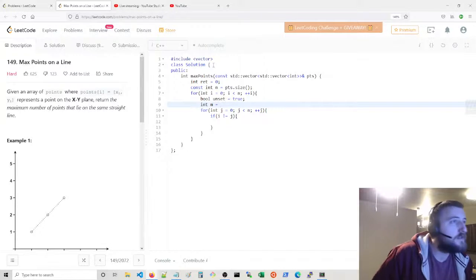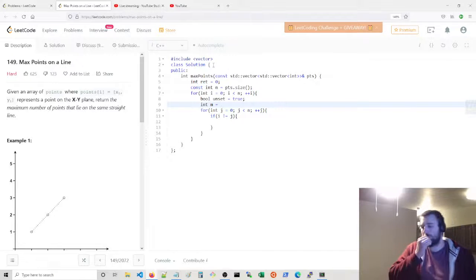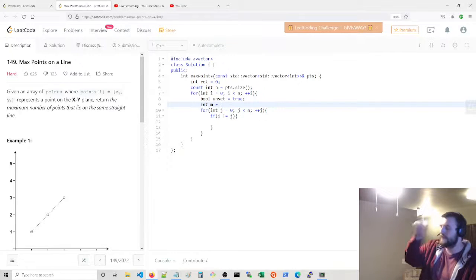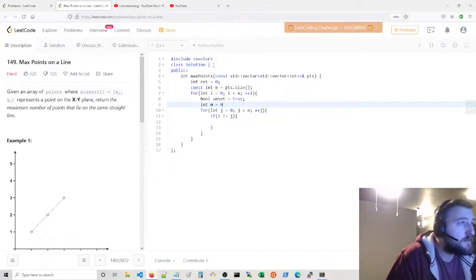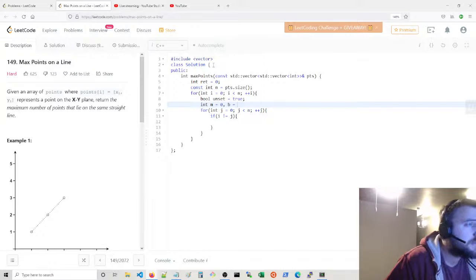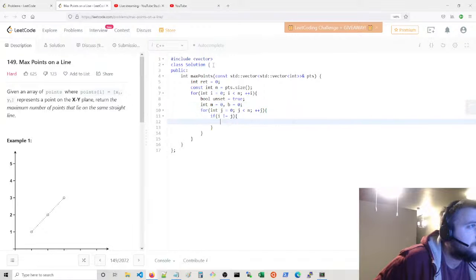Yeah, we can end up counting the same line multiple times, I think, which is tricky. There might be a way to do this in linear time, but for now we're going to do quadratic time. So m is 0, b is 0, and we're going to say unset is true.